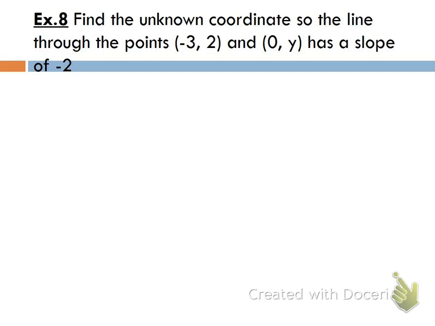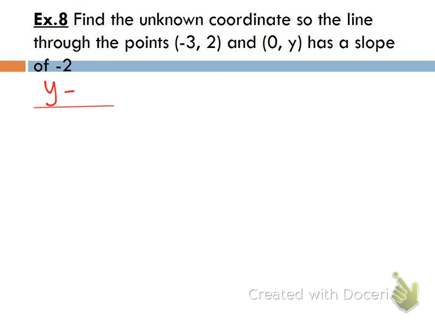Find the unknown coordinate, so the line through the points -3, 2 and 0, y has a slope of -2. Well, we start setting it up like we would finding slope. In my numerator, what would I put? My numerator's got to be the y coordinate minus another y coordinate.